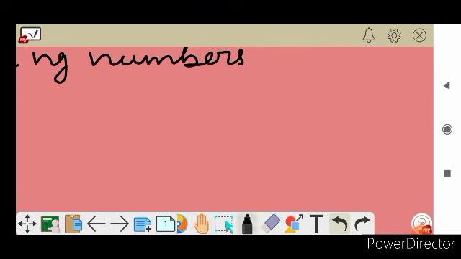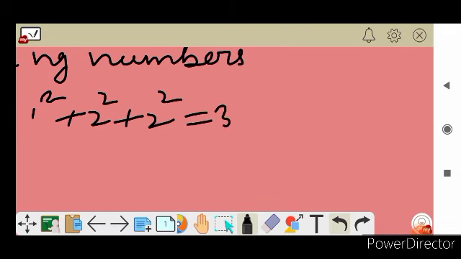So we will write 1 square plus 2 square plus 2 square equals 3 square. First of all, we will observe the first pattern carefully.